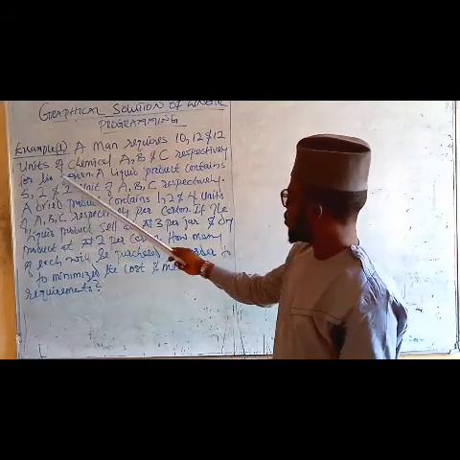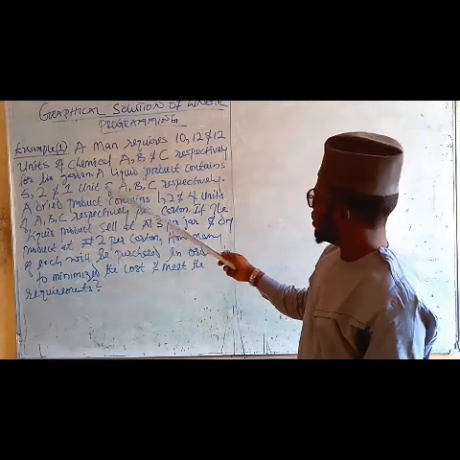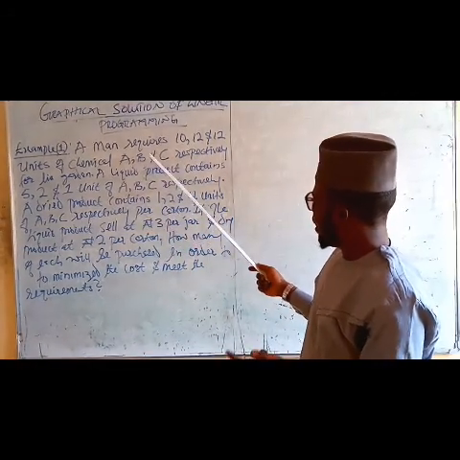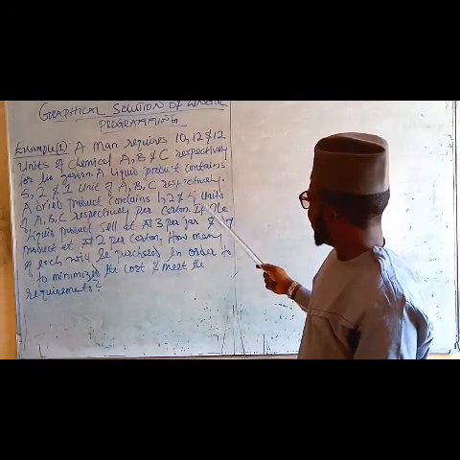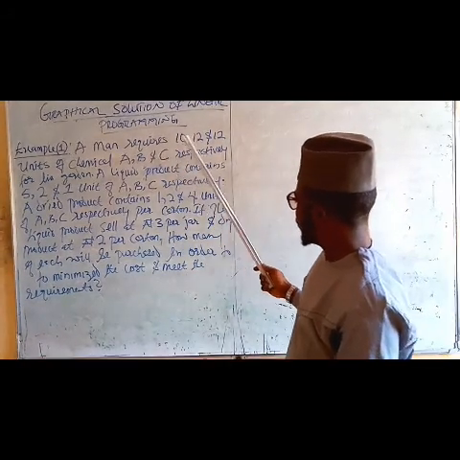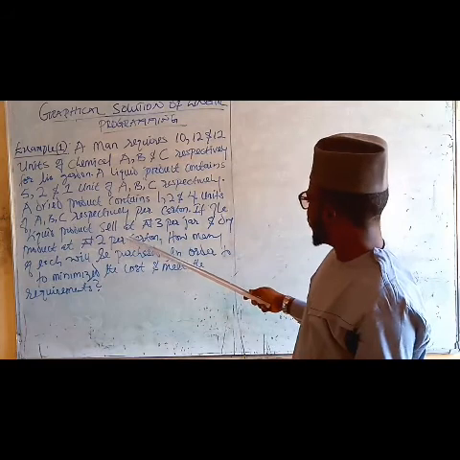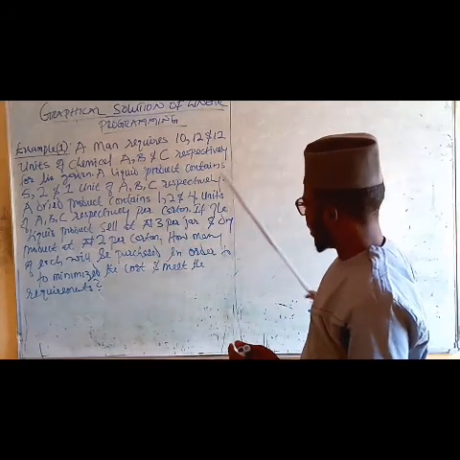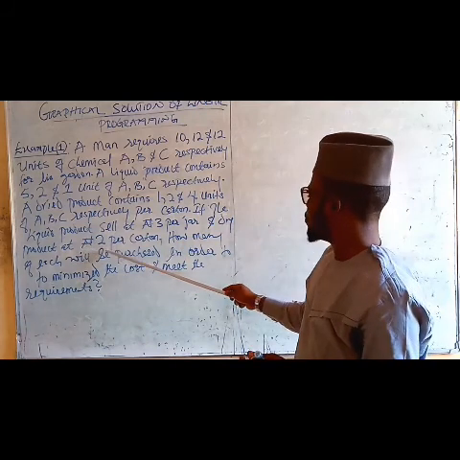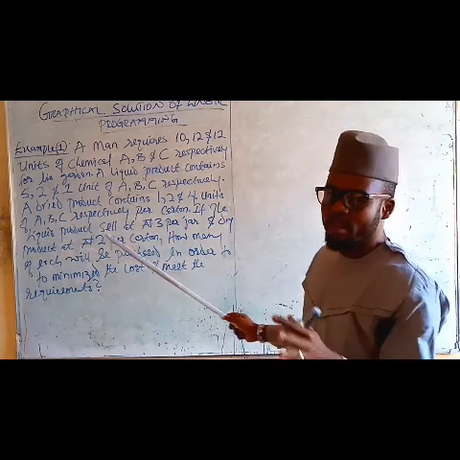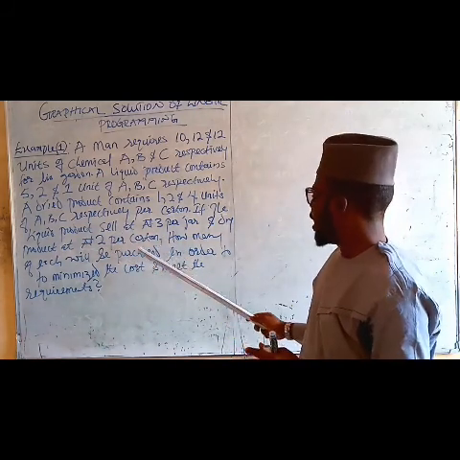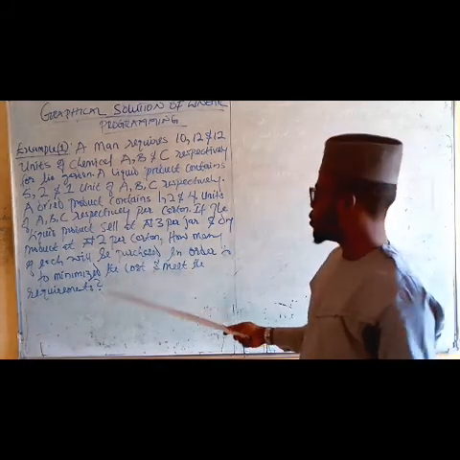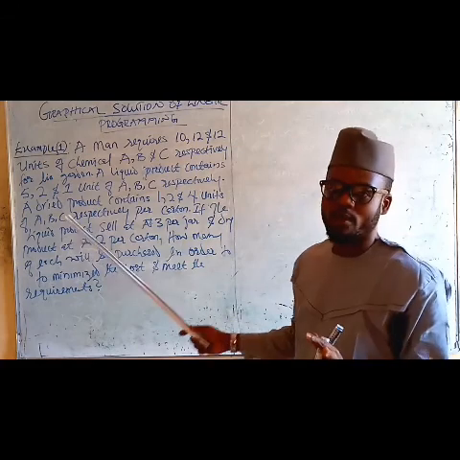So the liquid product is being sold at 3 naira per jar and the dry product is being sold at 2 naira per carton. Our aim is to find how much of each is going to be purchased in order for him to minimize the cost and meet the requirement.